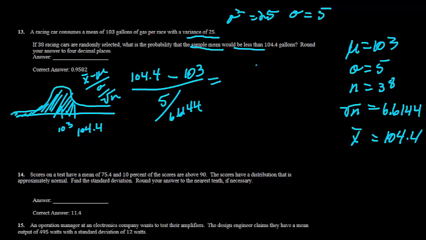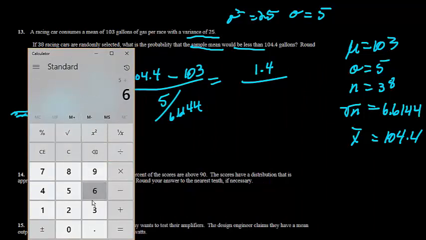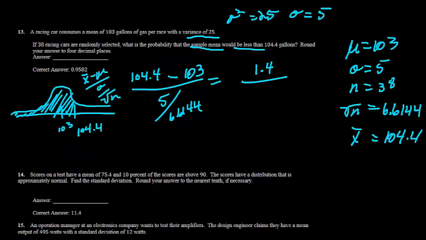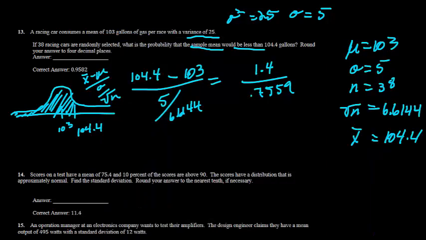And this is 1.4 positive over 5 divided by 6.6144, which is 0.7559. Excellent. 1.4 divided by 0.7559 gives me a z-score of 1.85. So this is a z-score of 1.85.